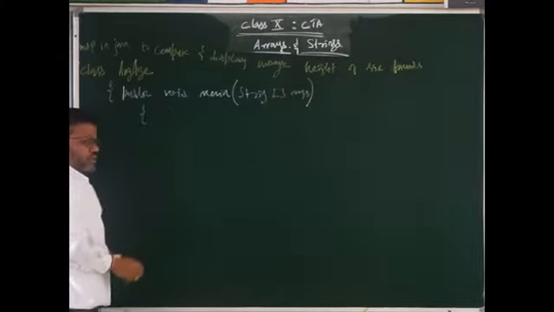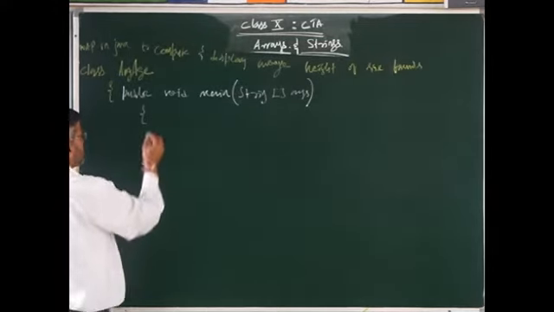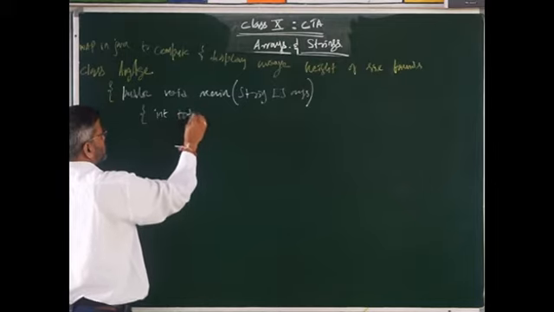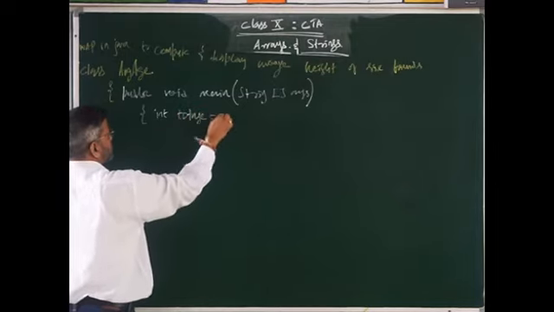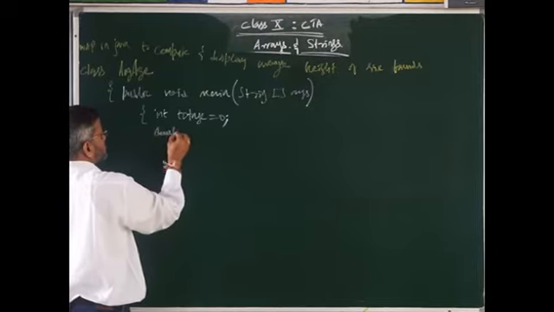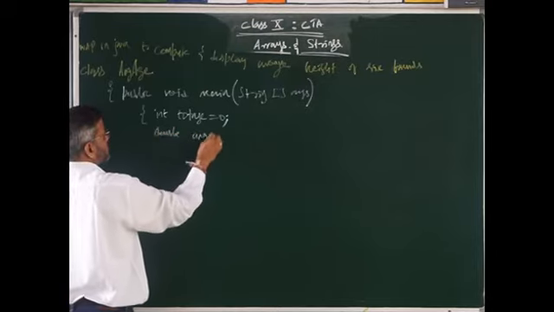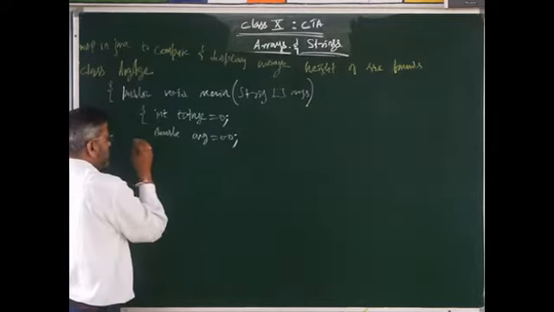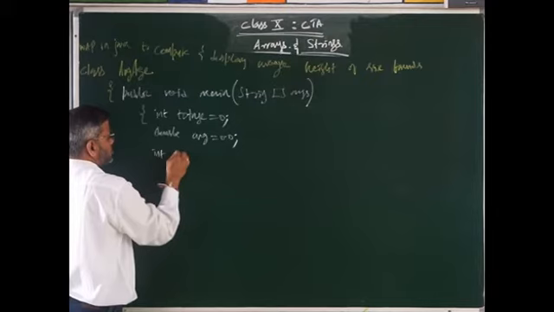Inside the main method, I am going to use 3 variables: int total age equal to 0, double average equal to 0.0.